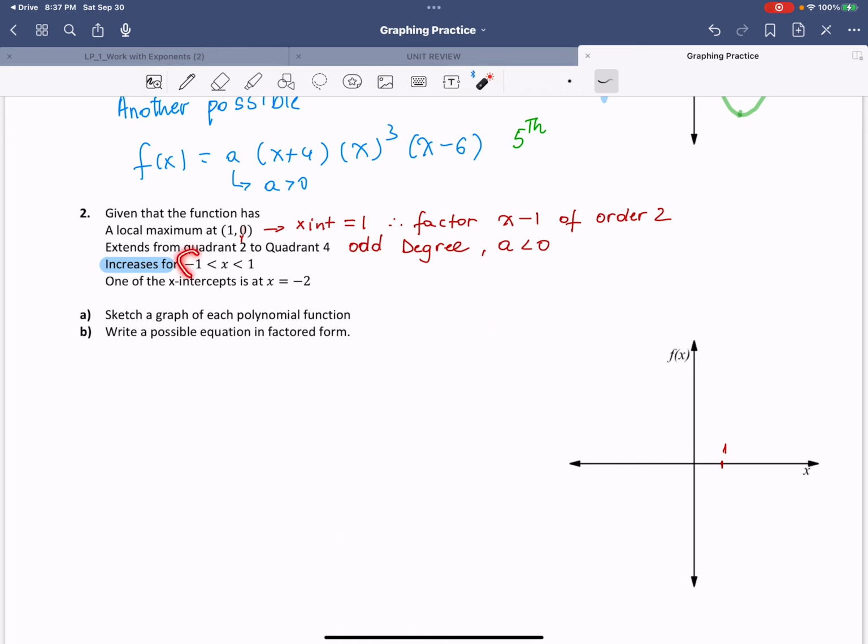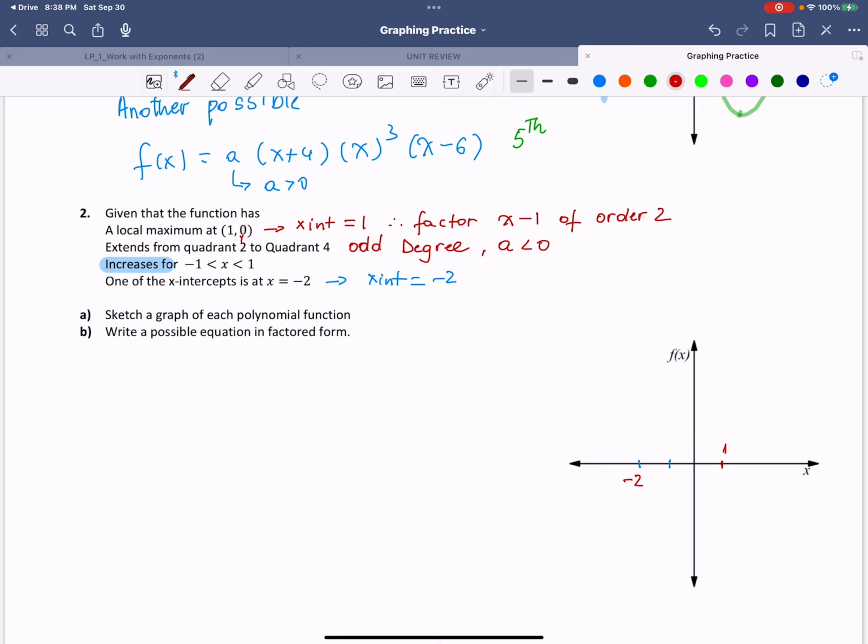So the increasing and decreasing intervals may give us local minimum and maximum points. I'm going to wait for this information because my focus is the x-intercept. One of the x-intercepts is at x equals -2. So as the problem says, the x-intercept at -2 will be another point on the graph here.